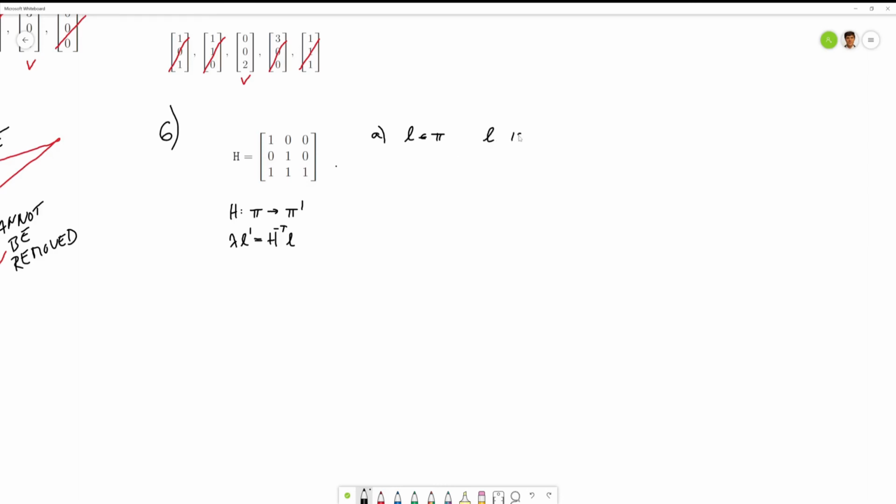In the first subtask, we have a line L in pi, and it is written that L is an ideal line, therefore L has coordinates 0 0 and some real number. So if we assign this to the equation which maps a line to the line prime, we will have lambda times our homography matrix transposed.